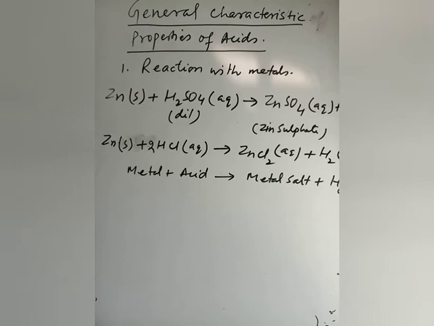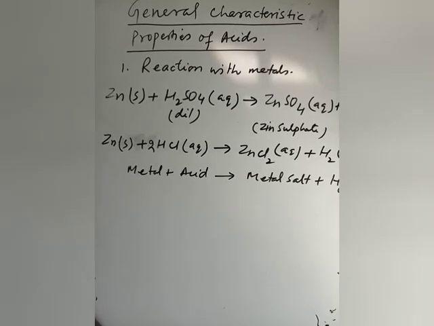Now, one important thing about acids is that not all acids react with metals to form hydrogen gas. For example, the behavior of nitric acid is quite different. Nitric acid does not evolve hydrogen.